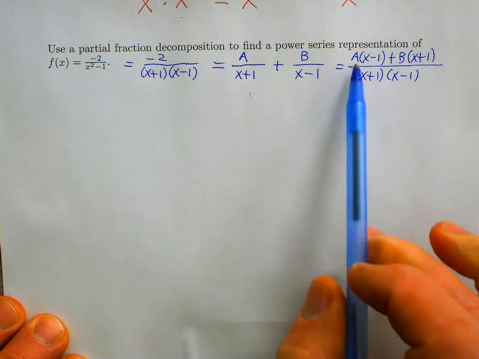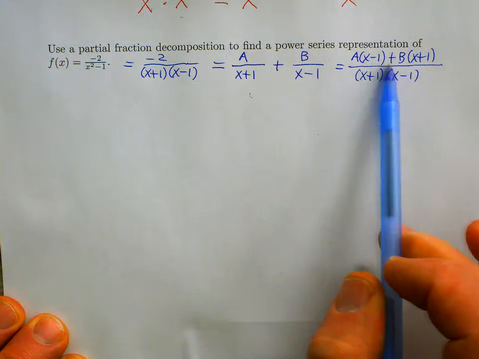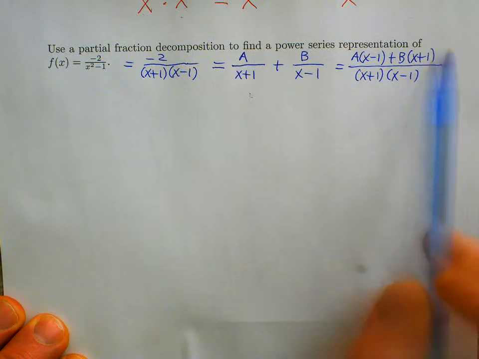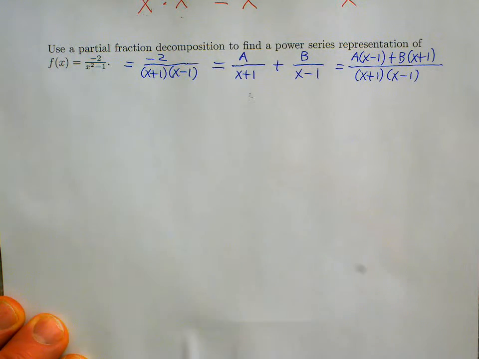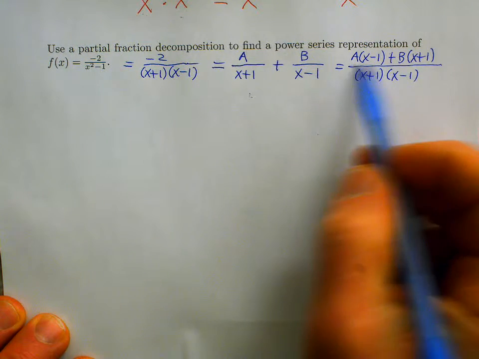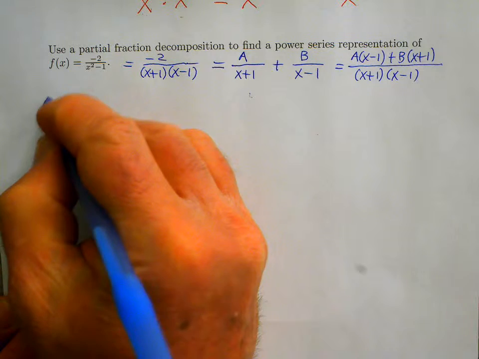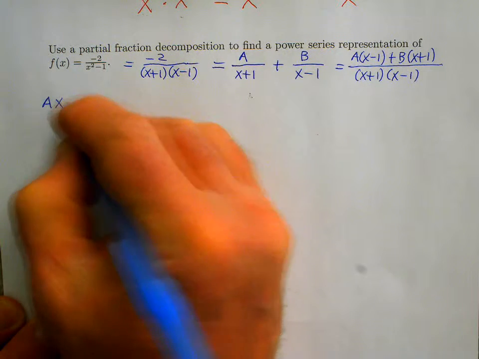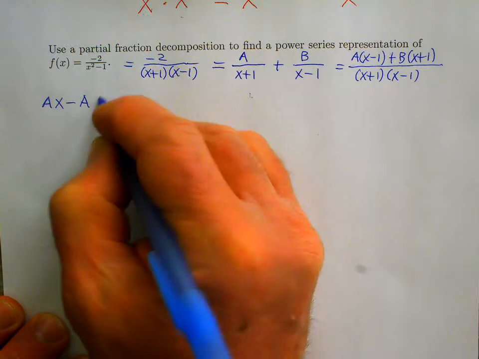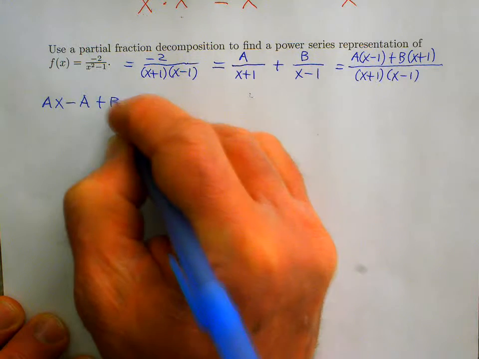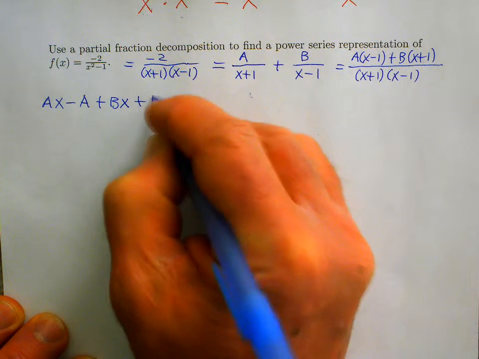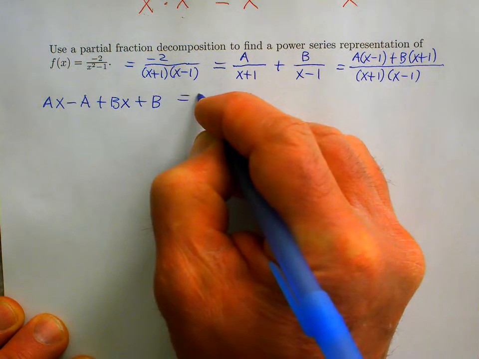And so the a times x minus 1 plus b times x plus 1 has to equal negative 2. So we'll expand this. a times x minus 1 is ax minus a, and then plus bx plus b. This has to equal negative 2.